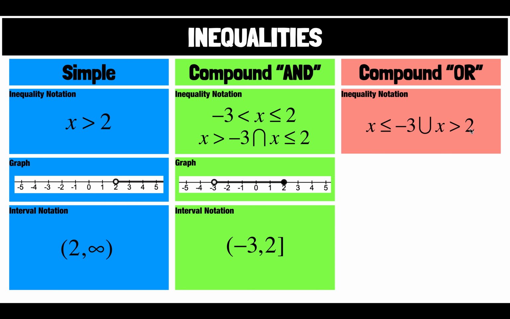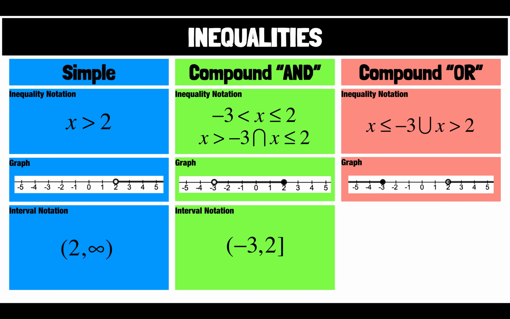Now we call these or statements because when you graph them, they face in opposite directions. So you'll notice over here on the left, x could be less than or equal to -3, inclusive, closed, or x could be greater than 2, open circle, not inclusive. So you'll notice that the main difference is that and inequalities converge and or inequalities diverge.